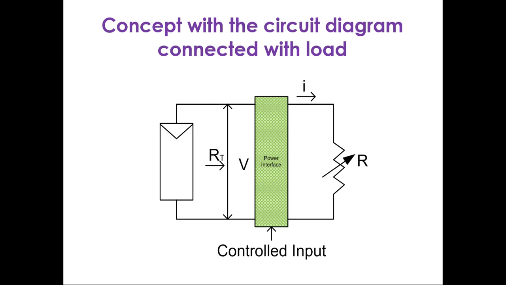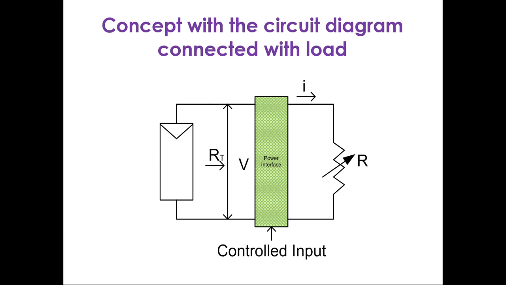One is mechanical tracking, where we have a DC motor and the panel itself is reoriented with the change in direction of the sun ray or the sun itself. And the second is the MPPT that we use for interfacing the load and the solar PV.